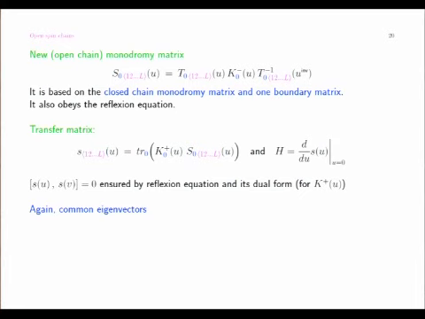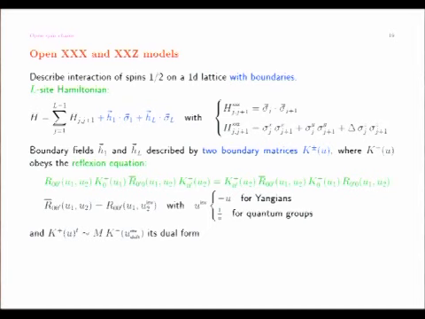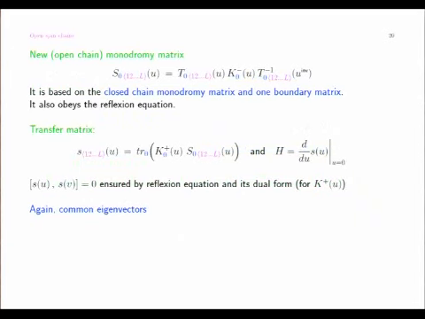So it's based on this, and you can show that it obeys the same reflection equation as the K matrix, so this one. And now the transfer matrix will be just a trace of the K plus matrix times this monodromy matrix. And the Hamiltonian, again, will be the derivative at u equals 0 of this transfer matrix.